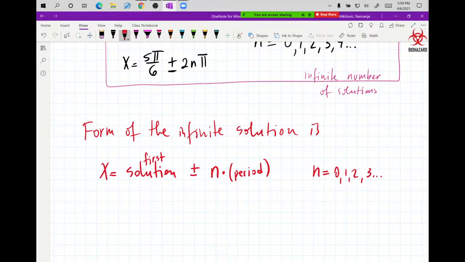So that's the way we deal with this. So whatever you find, you just add multiples of the period.